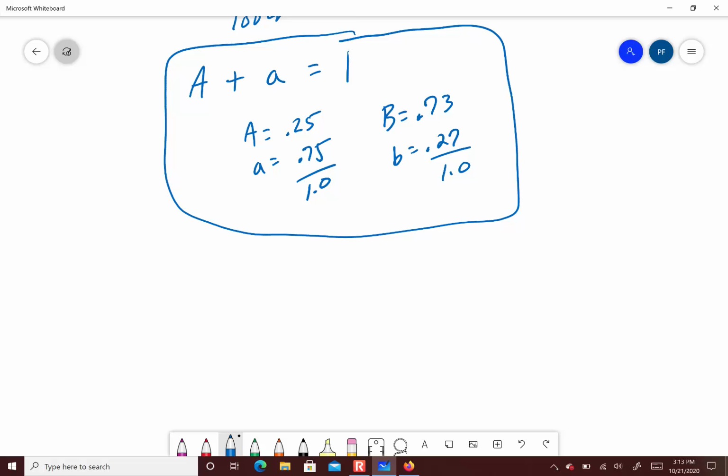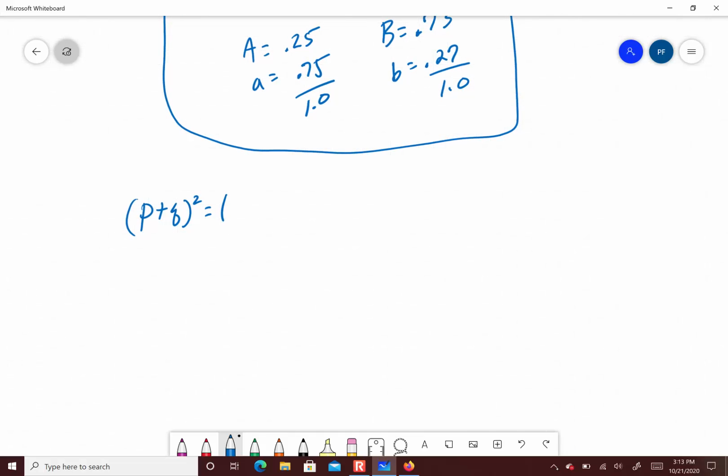I'm going to show you this equation, but I'm not going to explain the whole thing in detail. The Hardy-Weinberg equation is the quantity p plus q squared equals 1. Now we can expand this binomial and look at terms and what all those things mean. Bottom line is what I really want to tell you with this is that p is representing a dominant allele and q is representing a recessive allele.